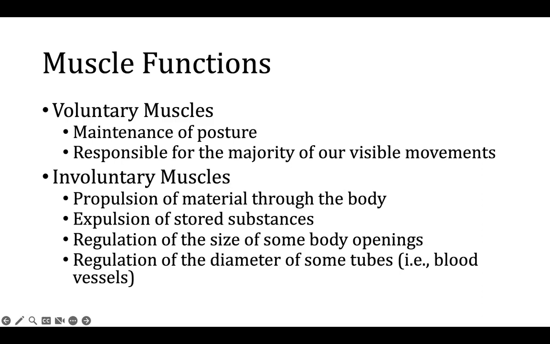So a lot of amazing things that our body is doing to help us live and move and do all the things that we may or may not think about all the time.